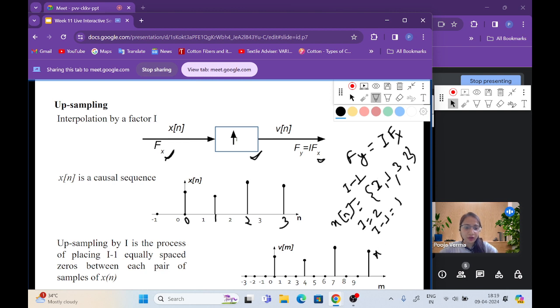So the upsampled sequence v of n is 2, 0, 1, 0, 3, 0, 2, 0. Okay, this is the upsampled signal.